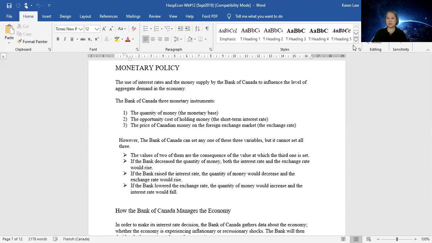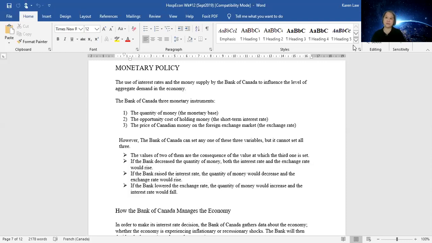So if they want to raise or lower interest rates by 0.5%, they will set their interest rate target and then change the money supply to come out with the outcome of a 0.5% increase or decrease in the general level of interest rates, if that makes sense.